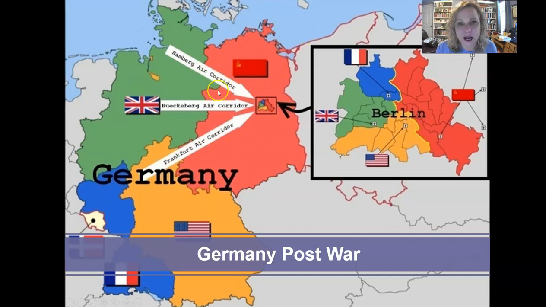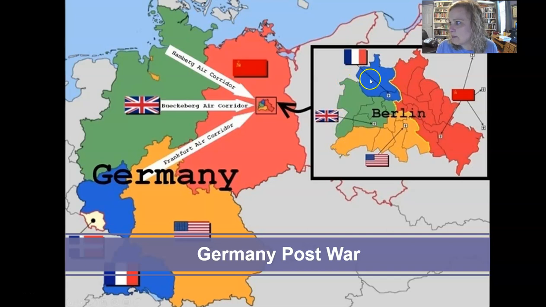Eastern Germany is going to be occupied by the Soviet Union. It's going to be run by the Soviet Union. The rest are, obviously, Great Britain and France, and this is the United States in yellow there, okay? And so this will make up Western Free Germany. Berlin was the capital city that was sitting smack dab in the middle of Eastern Germany.